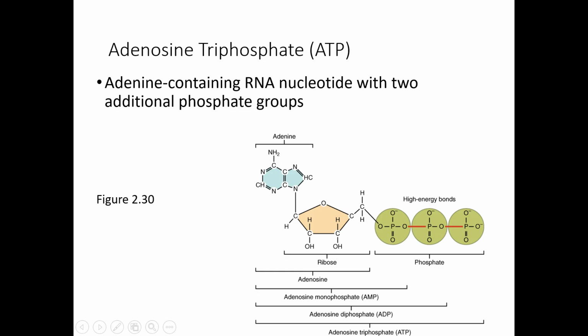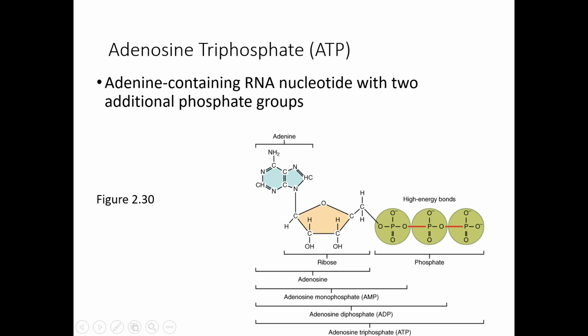Next one, ATP or adenosine triphosphate. ATP are energy molecules. For our cells, they are like fuel for your car, like gas for your car. Each of them is made of adenine group, ribose sugar, and right here you can see 3 phosphate groups.